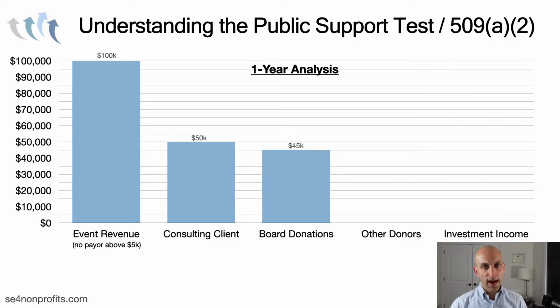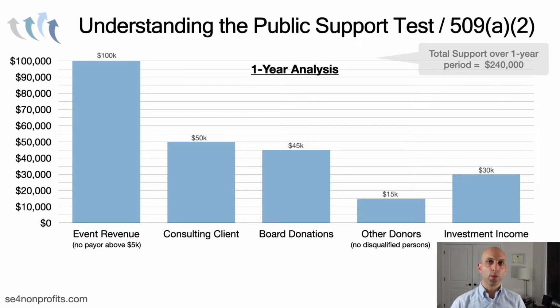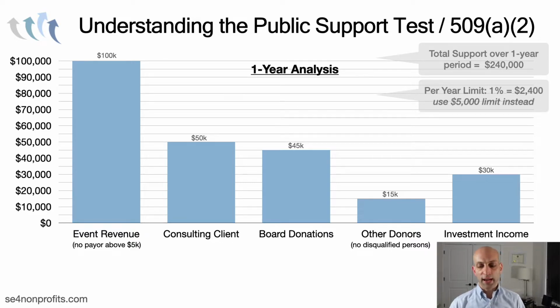They also have $45,000 in donations from board members and $15,000 from other donors, and we'll say that none of them are disqualified persons. And lastly, they have $30,000 in investment income. So with these numbers, total support over the 1-year period is $240,000. And the per year limit, 1% would equal $2,400. So we're going to use the $5,000 limit instead because that's greater.